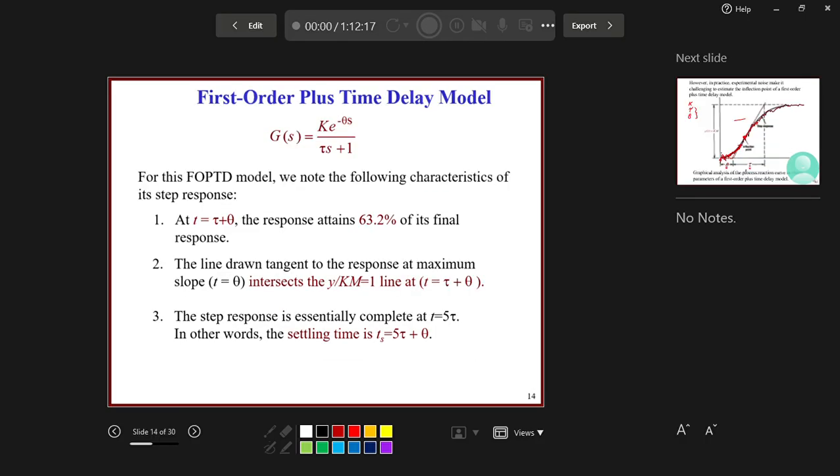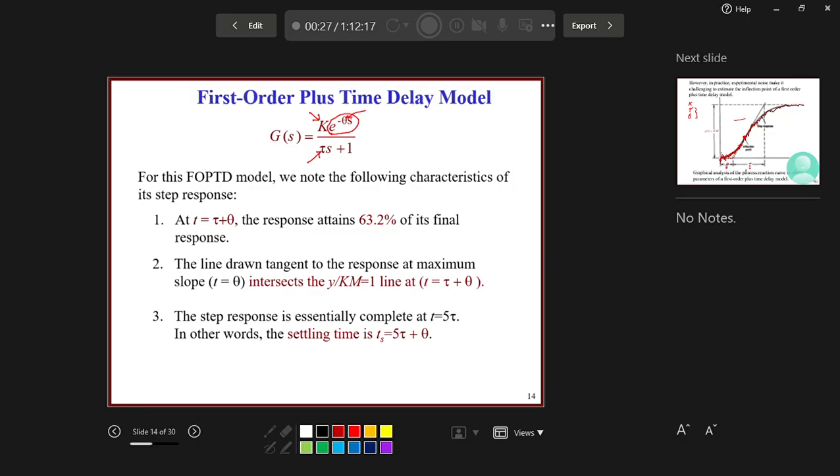To complete the description of the first order process, we also need to introduce the time delay. The time delay is important because most process variables are delayed when an excitation in the input happens. So now you have three parameters: the process gain, the time constant, and theta, the time delay.